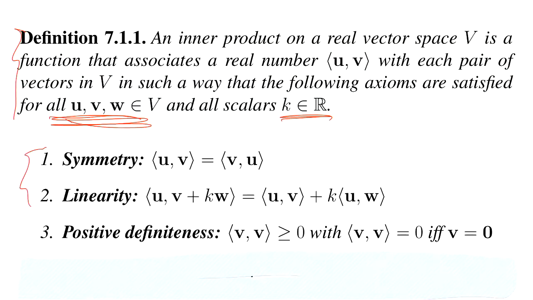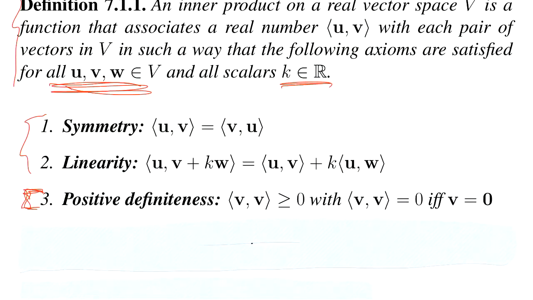It's pretty easy to make maps that satisfy those two things over any field, and this is sort of useful. But this last property of positive definiteness, this is really crucial, and you can do it over the reals, you generally can't do it over arbitrary fields. Okay? You can also do it over the complex numbers if you define things the right way.